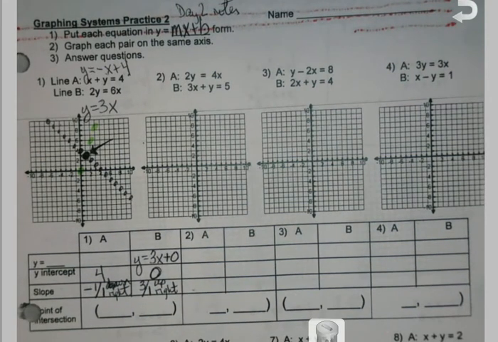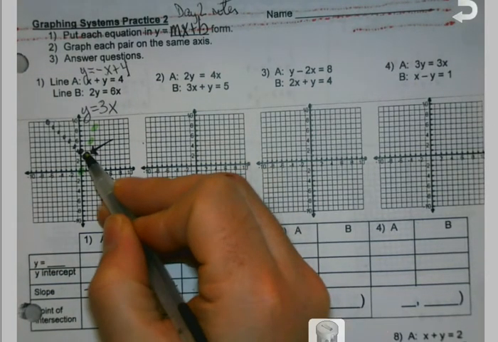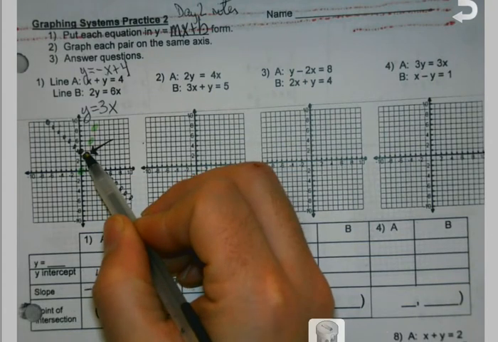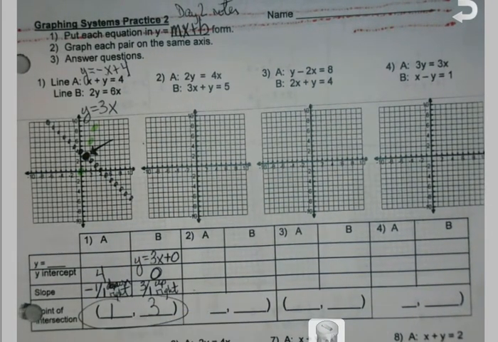If you go right 1 on x, is it positive or negative? Positive, okay. And then if I go up 3 for my y, is that positive or negative? Positive. So that's my answer. That's what I worked through for all of this.